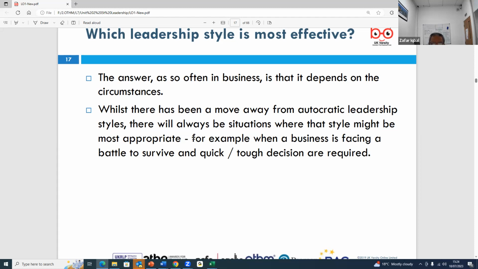But if you need to make a quick decision, if you need to make a tough decision when, for example, an organization is required to make a difficult decision, cutting budgets or whatever, then of course, you can say, maybe autocratic leadership could be the best.